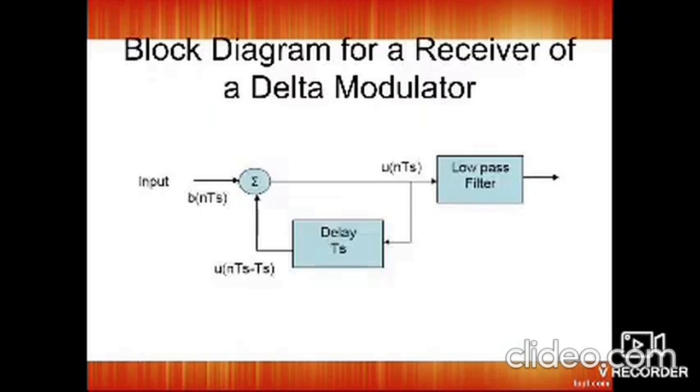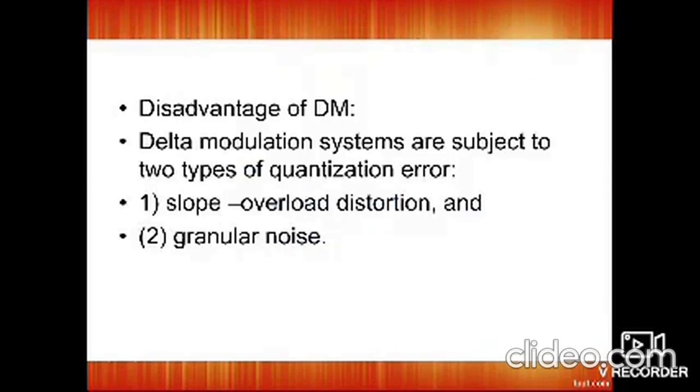The receiver of the delta modulator is like this: the input signal b of nTs is given to a summer, and u of nTs is the output of the summer, and again given as the input of the delay. u of nTs is given as the input of a low pass filter, and it produces the original input signal.